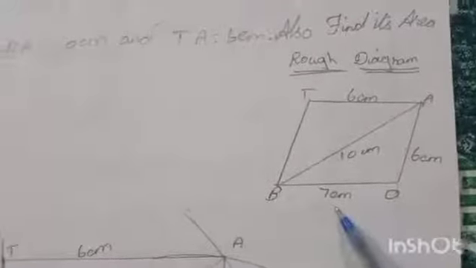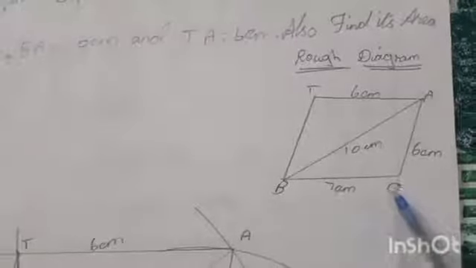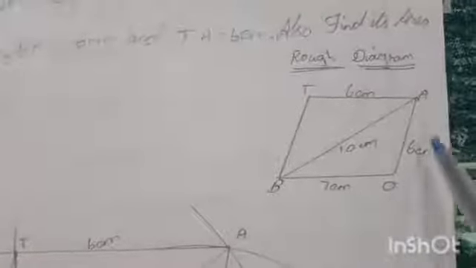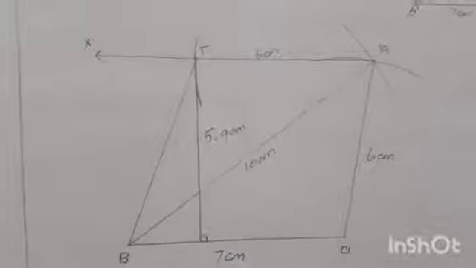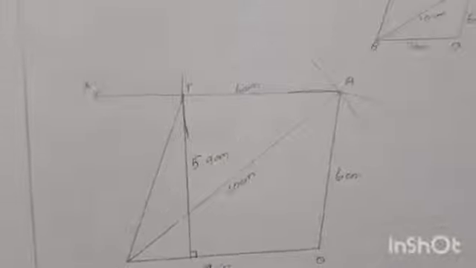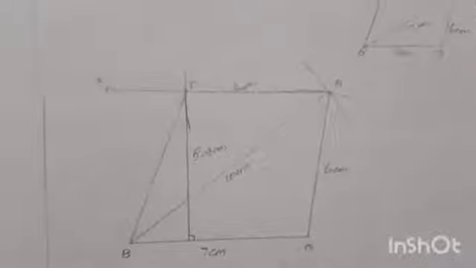Now we have to mention the measurements. BO equal to 7 cm, OA equal to 6 cm, AT equal to 6 cm. One diagonal is given, that is 10 cm. Listen students. First you have to draw, referring to the rough diagram. Draw a line segment BO equal to 7 cm.